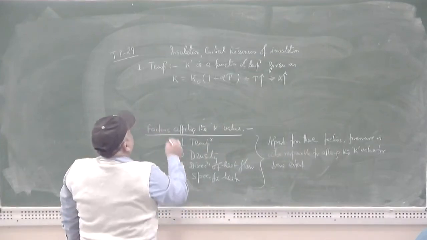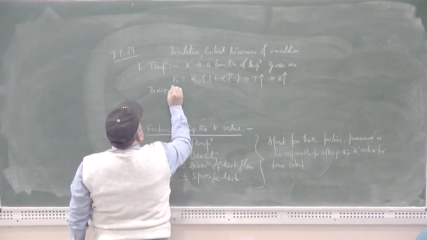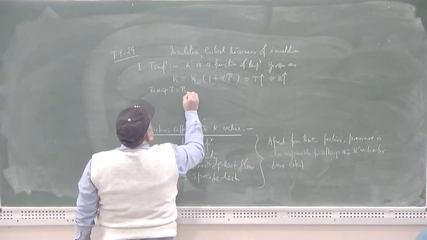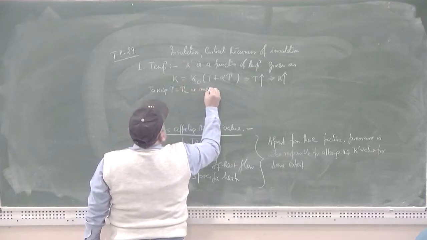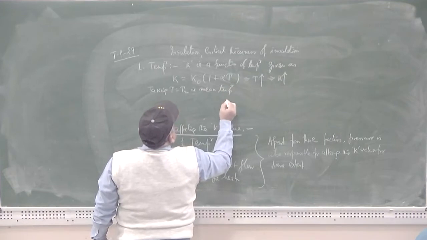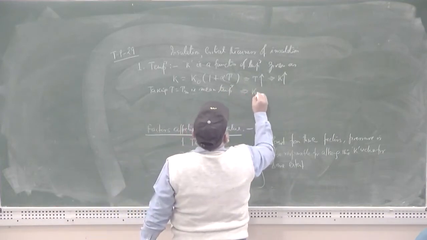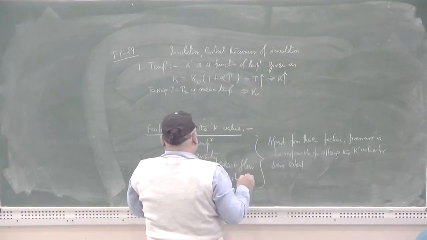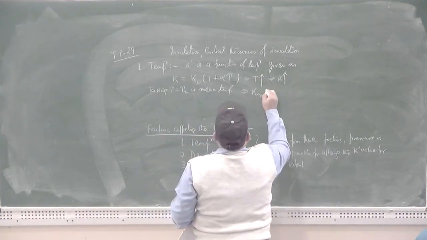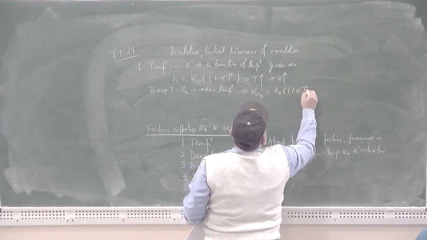Now, taking T is equal to Tm, that is the mean temperature, we can write K is equal to Km, that is equal to K0 into 1 plus alpha Tm.